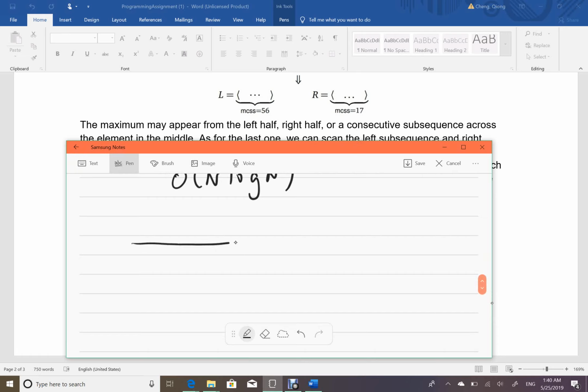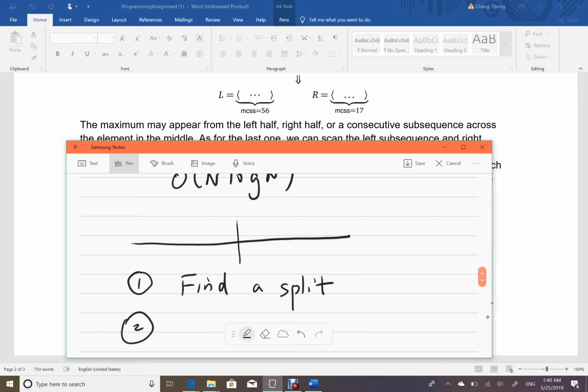Let's say we have a sequence, right? We cut it into two halves, the left and right, and that is the first step, find the split.